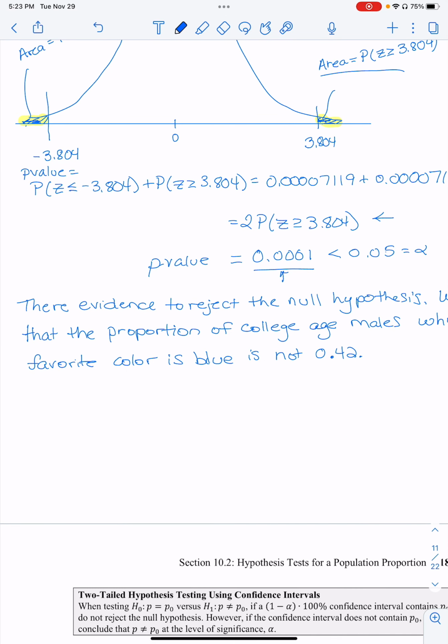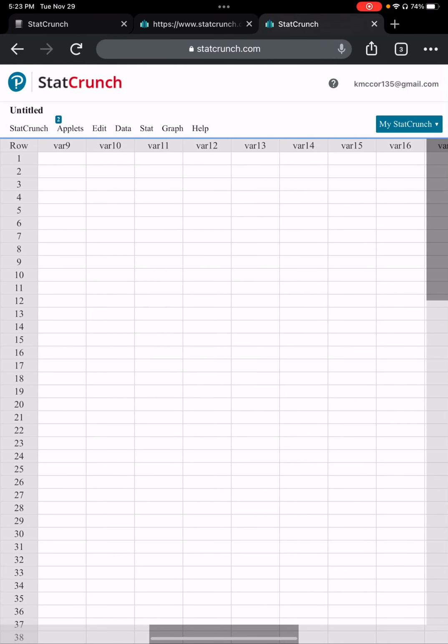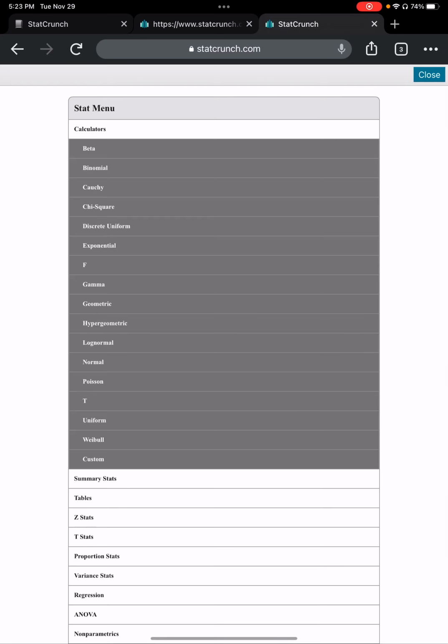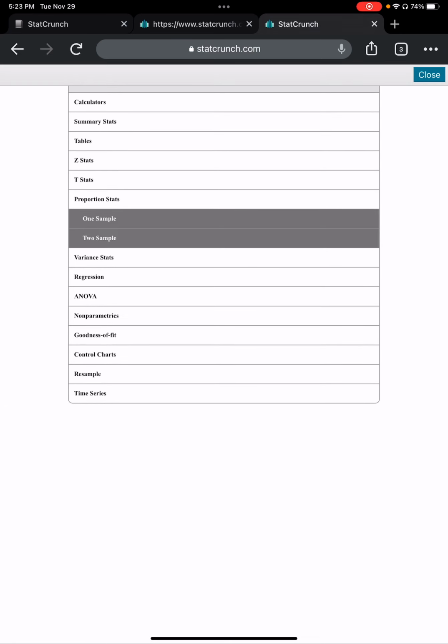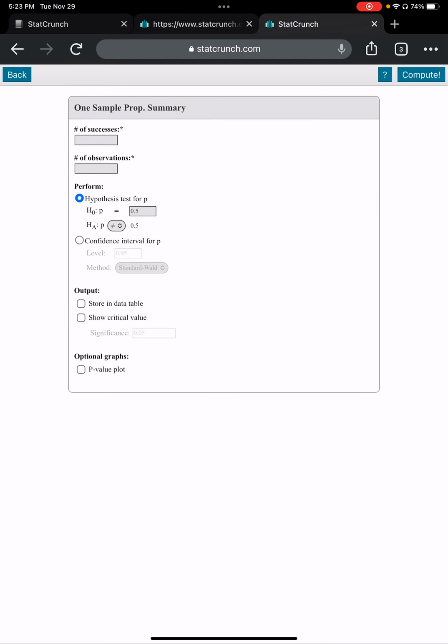If you want to do the other way that we did in class, using more of StatCrunch, and we should come out with the same result, what we used was stat, and then instead of using calculators, we used proportion stats, one sample, and then we did with summary.